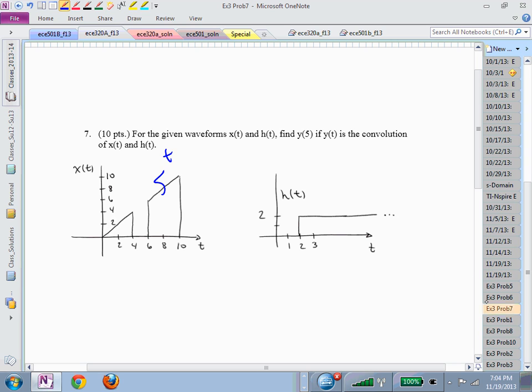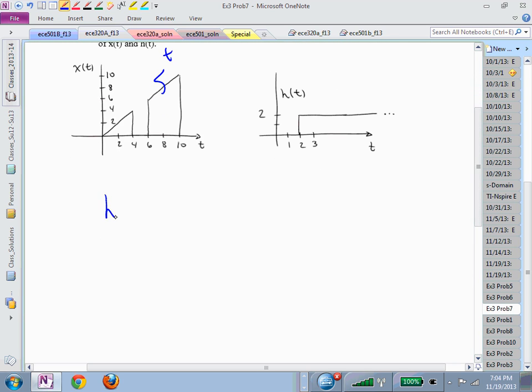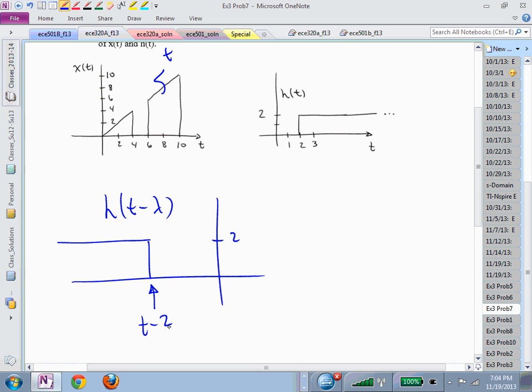But now if we flip and slide h, what's this going to be? T minus 2. Is that okay? Now what are we going to do? And I apologize, I'm kind of flying through these, but now we slide this up until t is equal to 5.